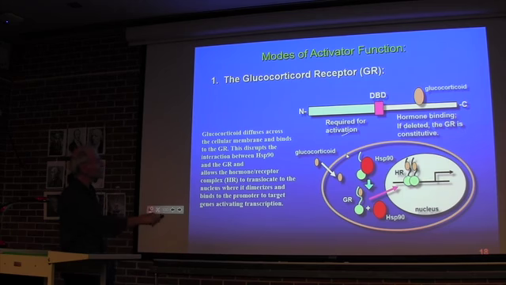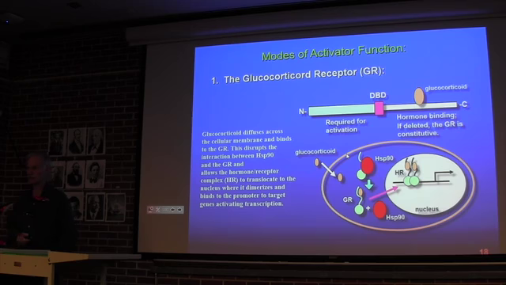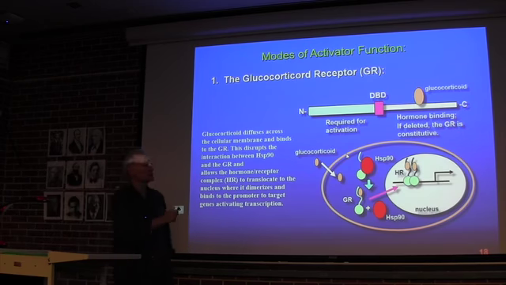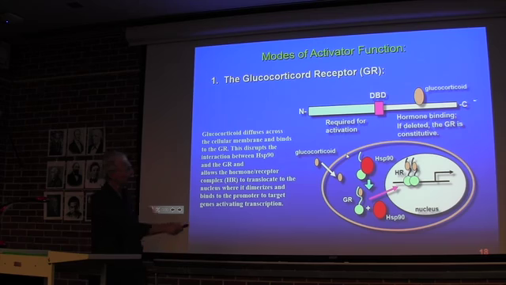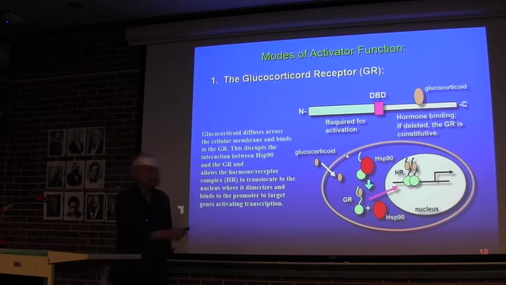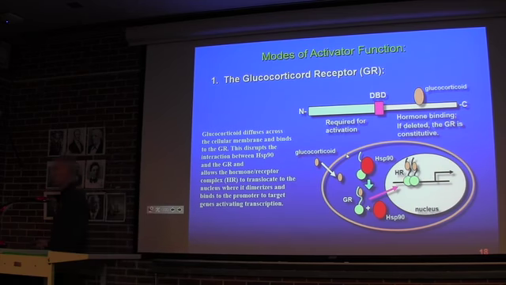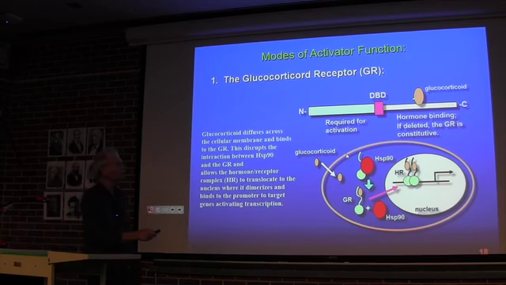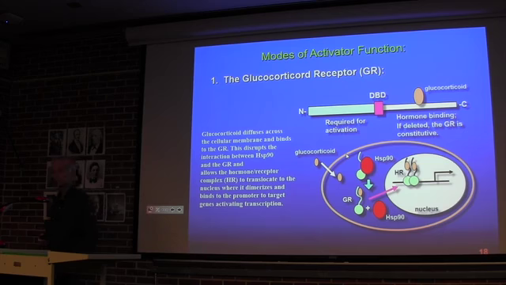And then on the N-terminus, you have these acidic activation domains. This is where you recruit basal transcription factors and chromatin remodelers. And the other part of the protein, the C-terminal half of the protein, is for regulation. This is where the glucocorticoid hormone itself will bind.